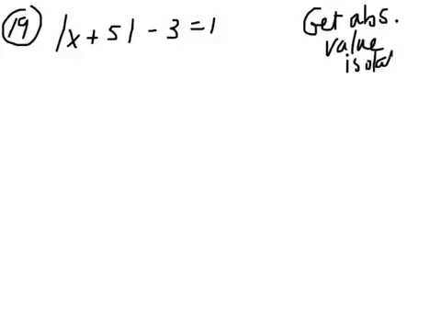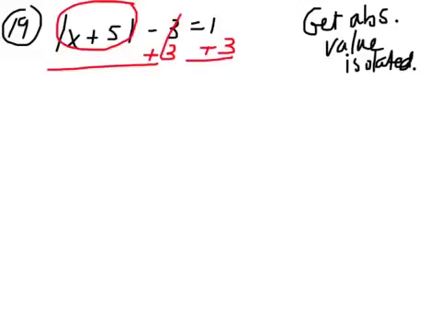That's what you're going to have to do with all these down here in the second part of this lesson, in the B section. To get the absolute value by itself, I'll add 3 to both sides. We always do the opposite, right? So that gives me the absolute value of x plus 5 equals 1 plus 3, which is 4.